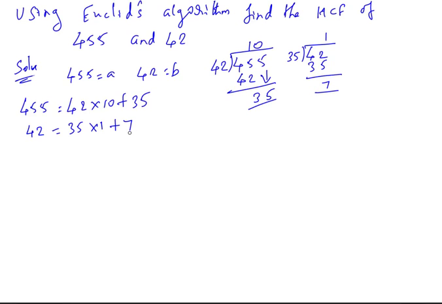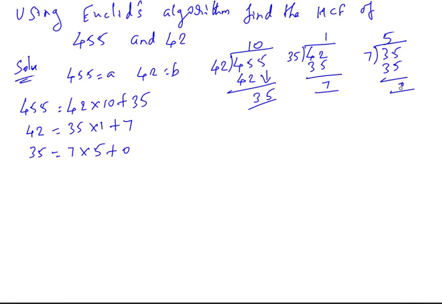The remainder does not become 0, so we continue the process. We divide the divisor by the remainder: 35 divided by 7 goes 5 times. 5 sevens are 35, and the remainder is 0. So 35 equals 7 times 5 plus 0.